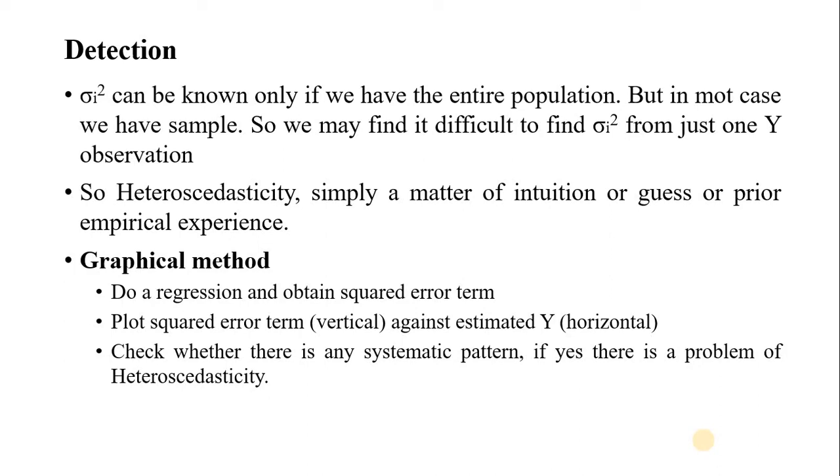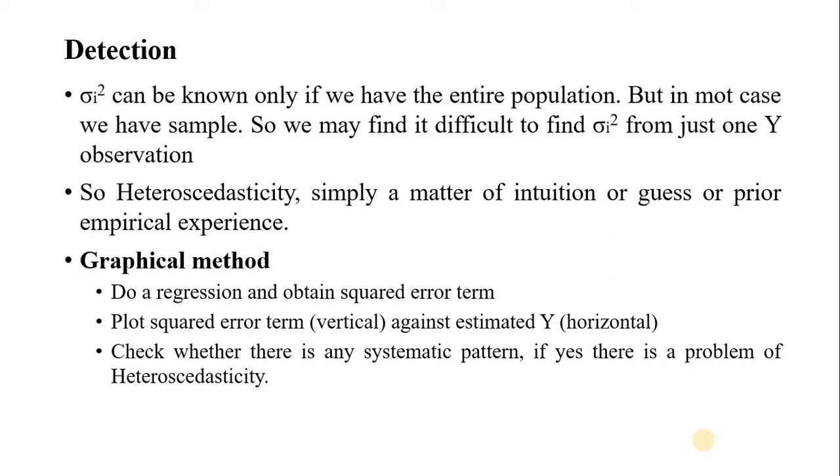The first method to detect heteroscedasticity is the graphical method. In the graphical method, the first step is to do a regression and obtain u cap square.